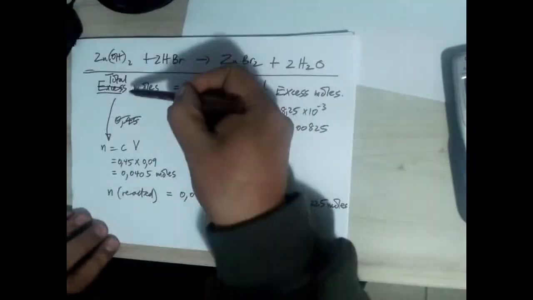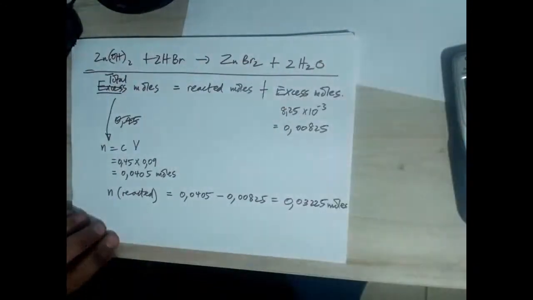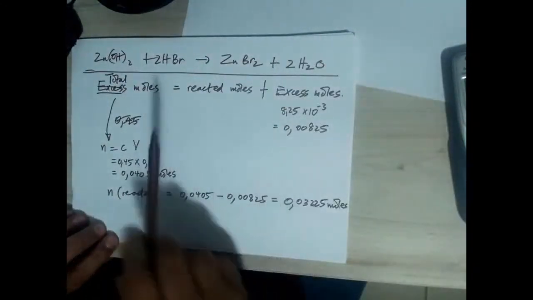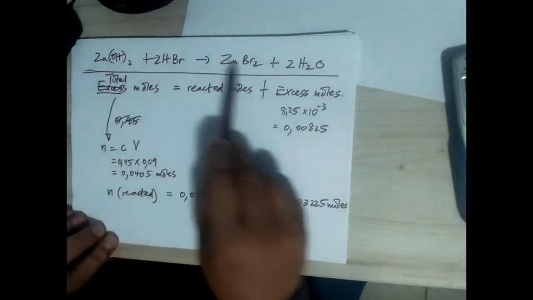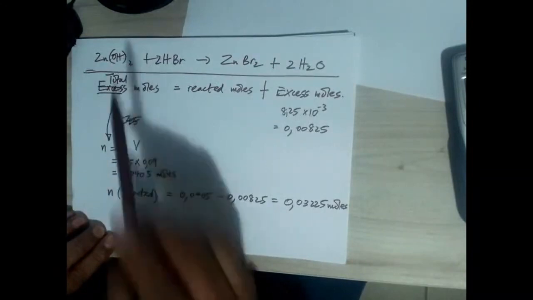Right, so back to the equation, total moles, excess moles, reacted moles. So in the reaction, and I go back to the top of the page, there's the reaction. The mole ratio is 1:2.